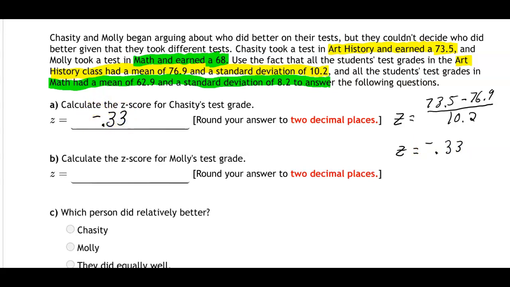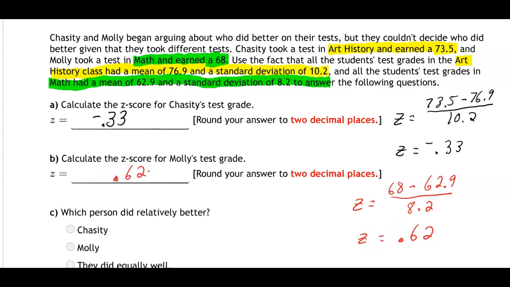For part B, we're going to use what I've highlighted in green because Molly took the math test. So for Molly, her test score was 68. So 68 minus the 62.9, and we're going to divide by the 8.2. Doing that on the calculator, I get 0.62.